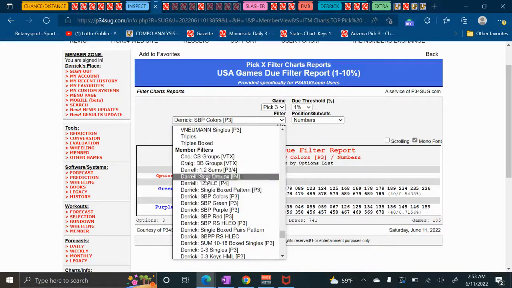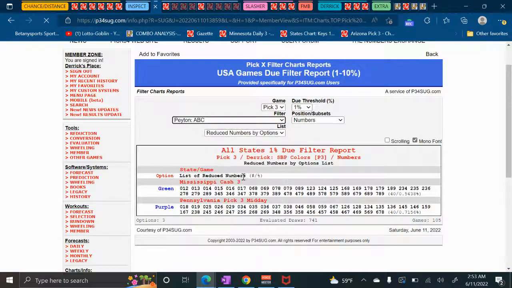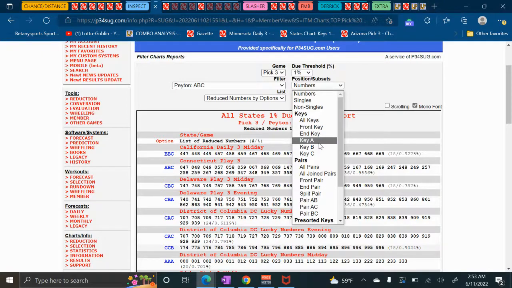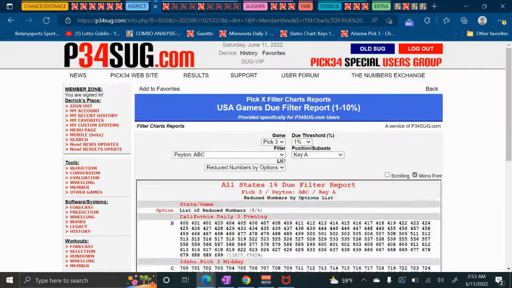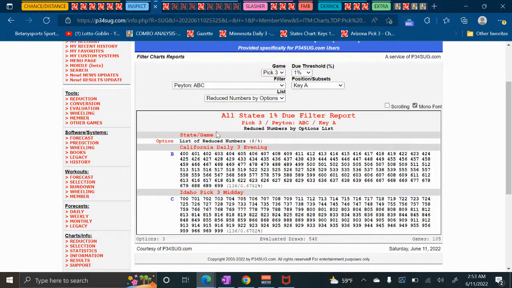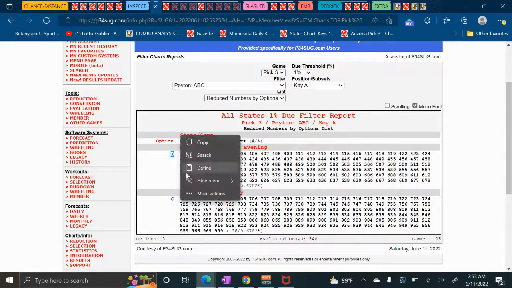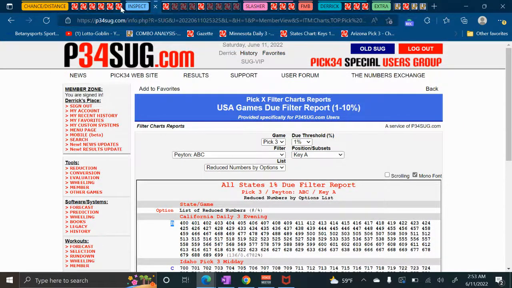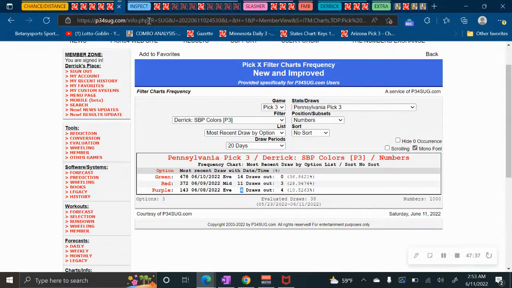Or just do the Peyton one. And then you do Keys A, California. I can't remember. So California evening, there's a good chance for a 4 or 5 or 6 tomorrow. Like it's down at 1%. That's really good. But that's not what I'm trying to do. I can't remember how I did that.